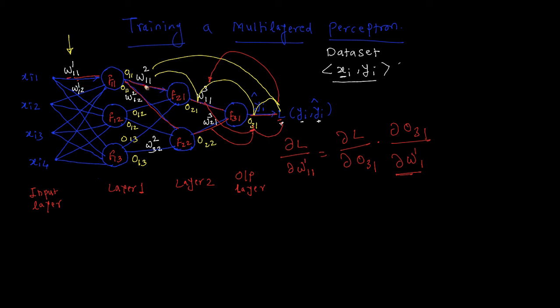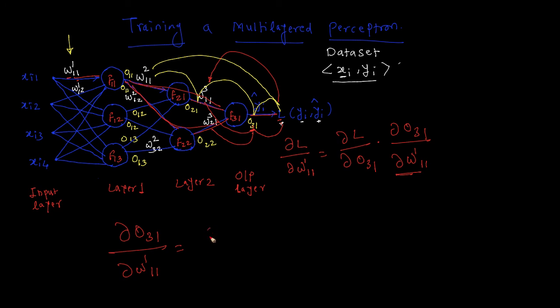As I said, we have two paths, this path plus this path. So I have to compute the derivative of O31 with respect to W111, which is equal to the derivative of this path plus the derivative of this path. Again, I will be employing the chain rule here.